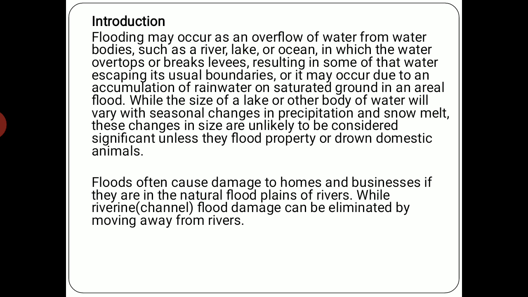Many a times it affects the property or maybe the animals living in the nearby area. So flood often causes great damage to the homes and to the businesses if they are in the natural flood plains of the rivers, while channel flood damage can be eliminated by moving away from the rivers.